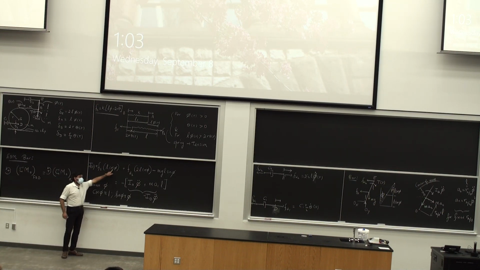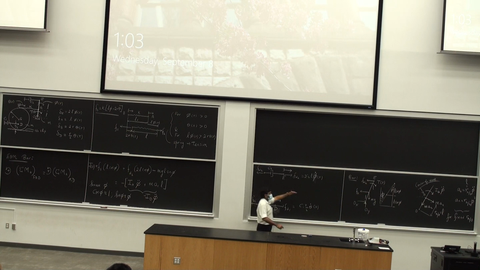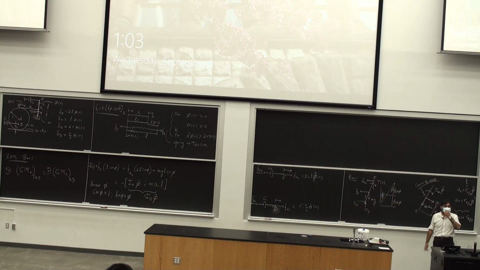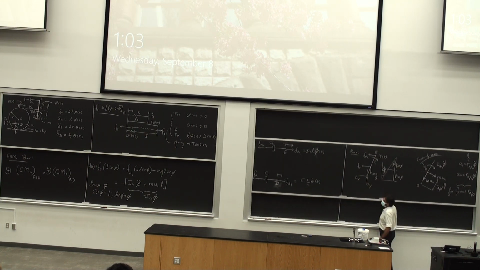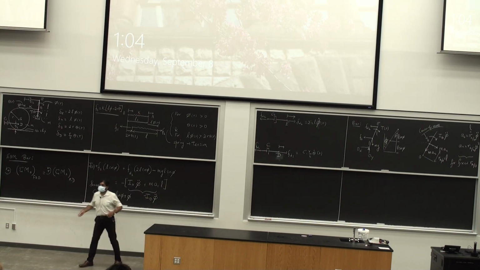This will become equal to 1, which is approximately saying that this spring force that I have drawn in the horizontal direction can be treated as a creature that is perpendicular to the length of the bar for small phi. Okay? And likewise for the damping force as well. And mg sin phi becomes mg phi. 2L cosine phi becomes 2 times L.